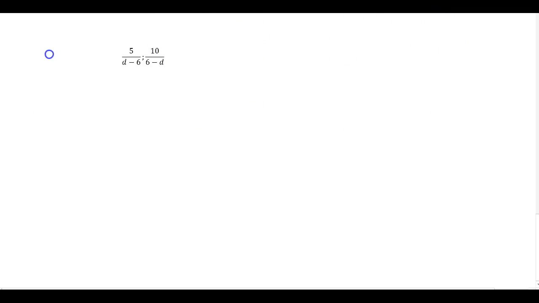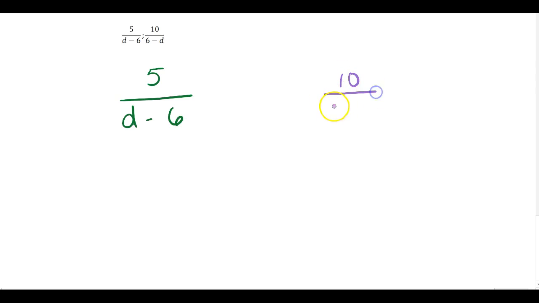Okay, let's do one more. This one has 5 over d minus 6 and 10 over 6 minus d. So let's look at these. Now these denominators actually look very similar.